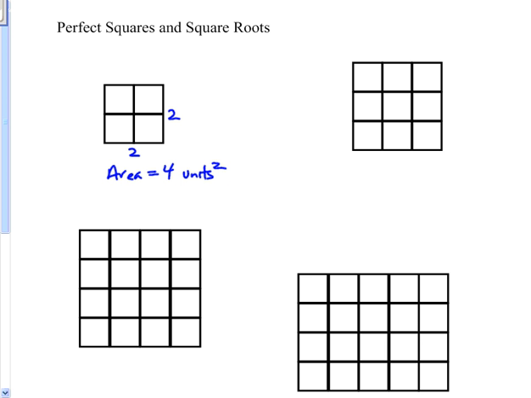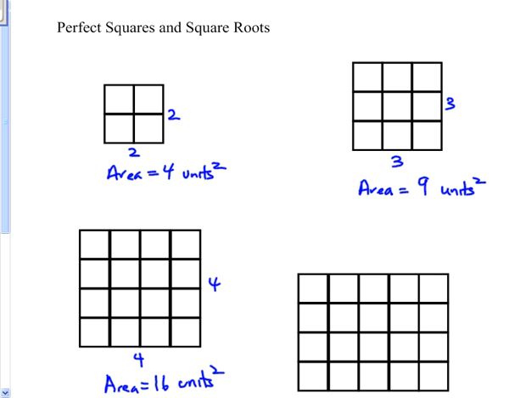If I look at this one, it's 3 units by 3 units, so its area is 9 units squared, or 9 square units. And if we continue on, 4 by 4, well, if I multiply that out, its area is 16 square units.